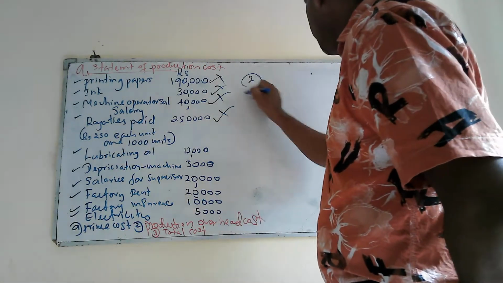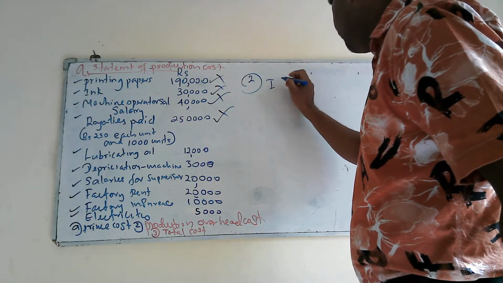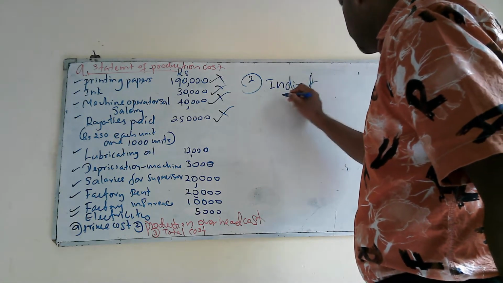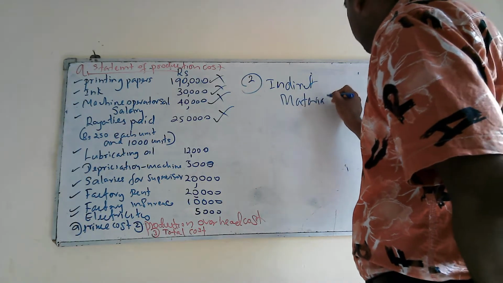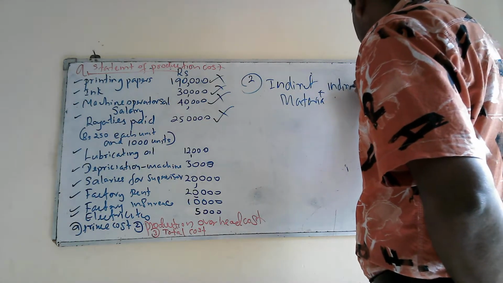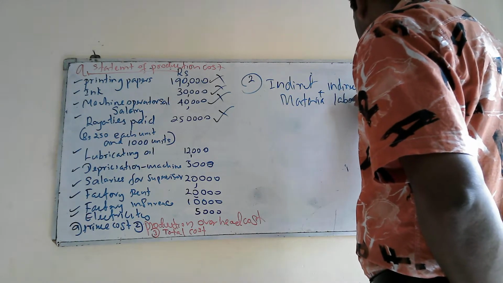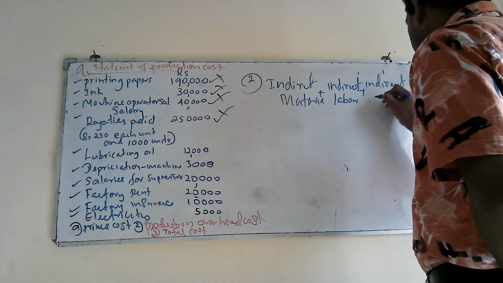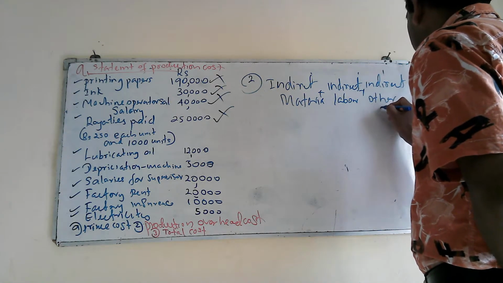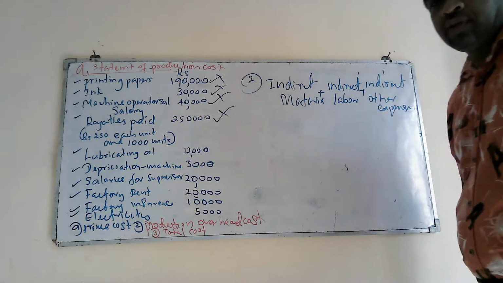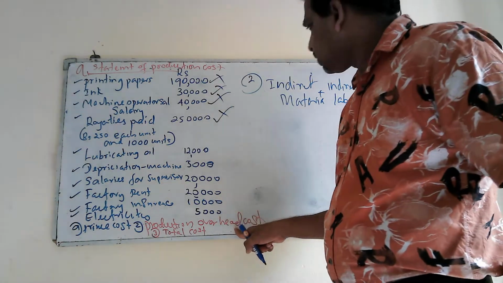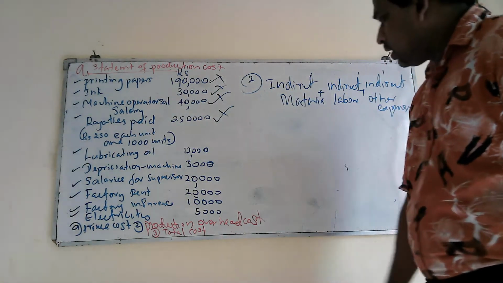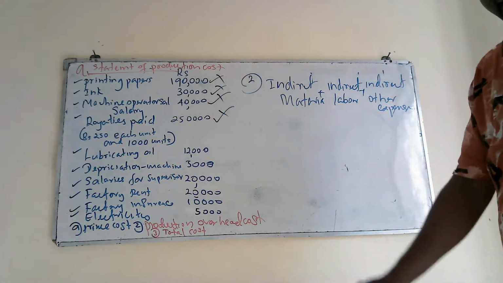Number 2, production overhead cost, that is indirect material plus indirect labor plus indirect other expenses. Right? Then you can select each value.